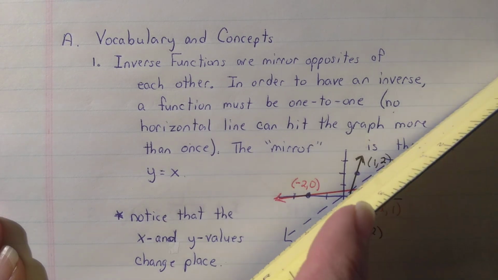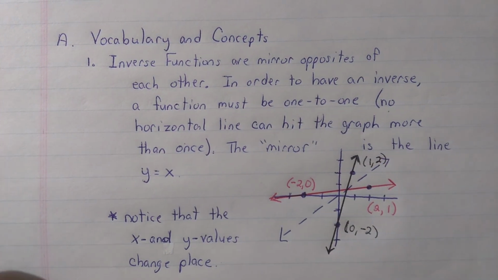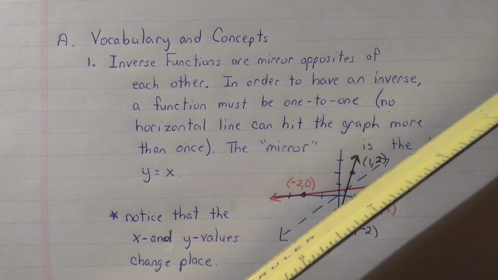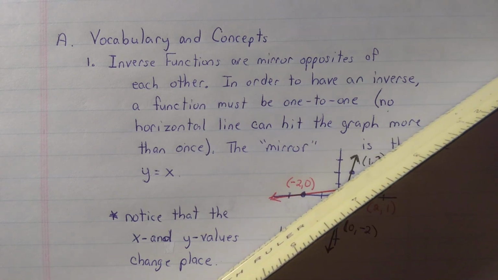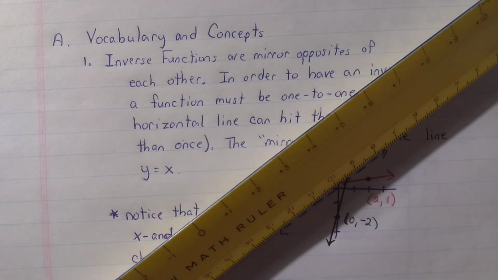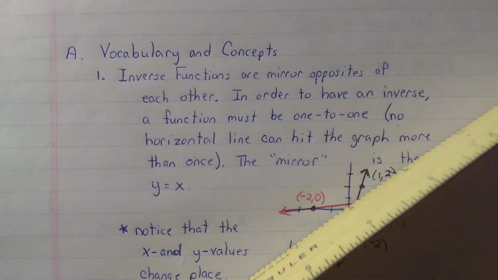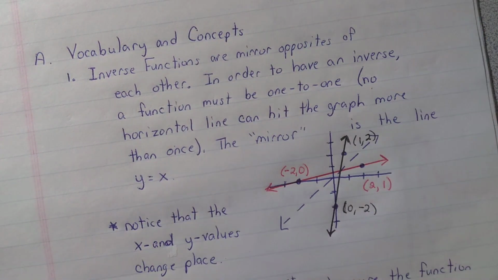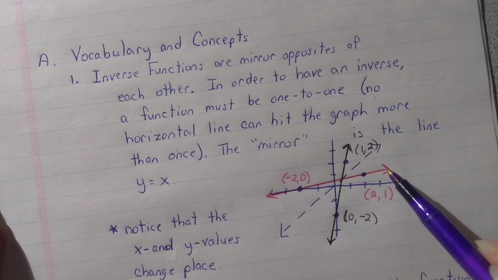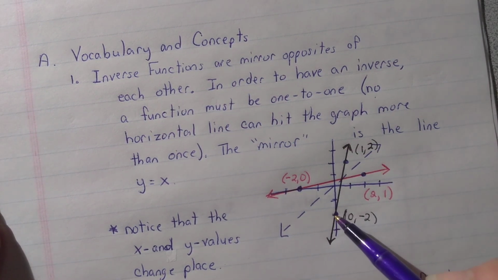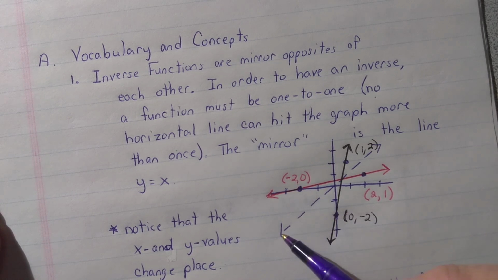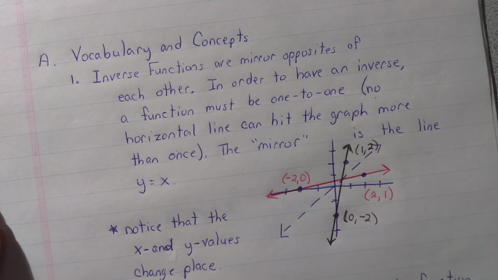The inverse flips around the line y is equal to x, which is this line right here. And if you look on one side and then on the other side, the red line is simply the black line folded over the line y is equal to x.